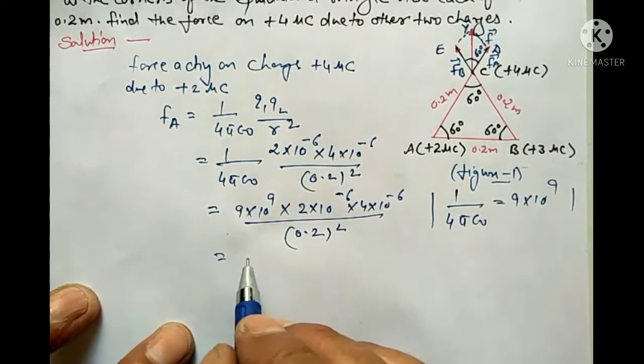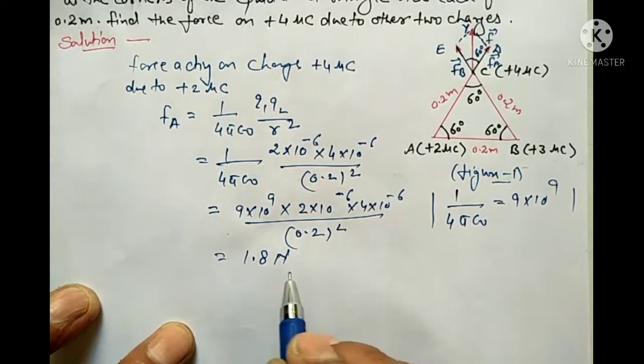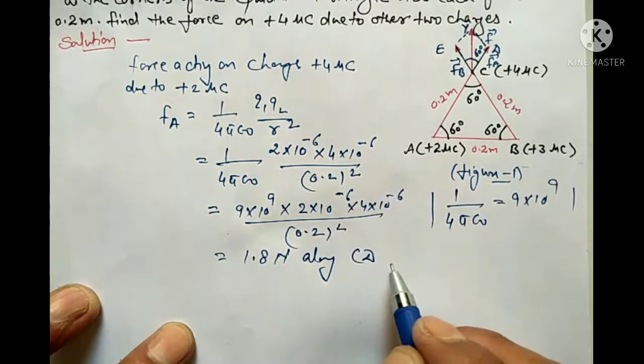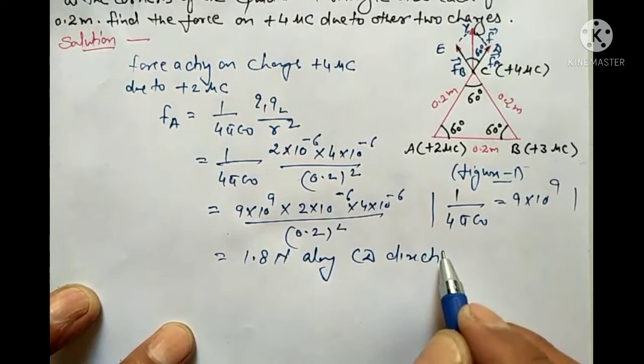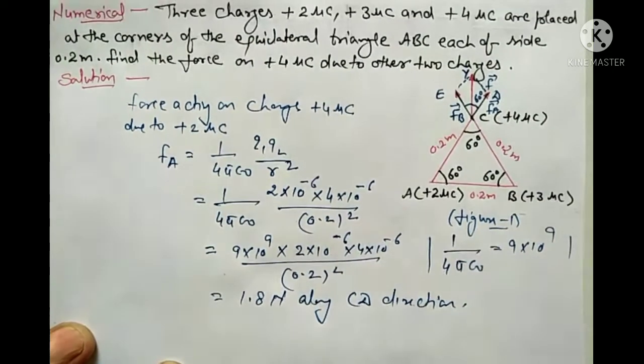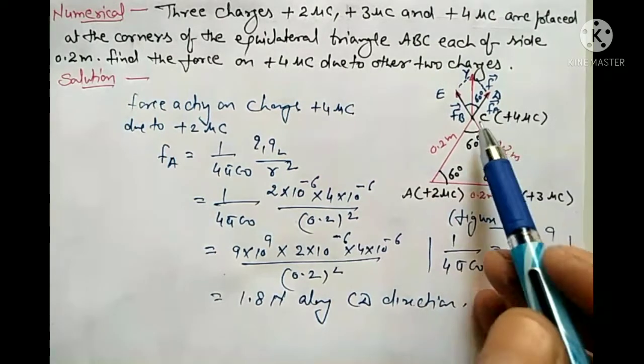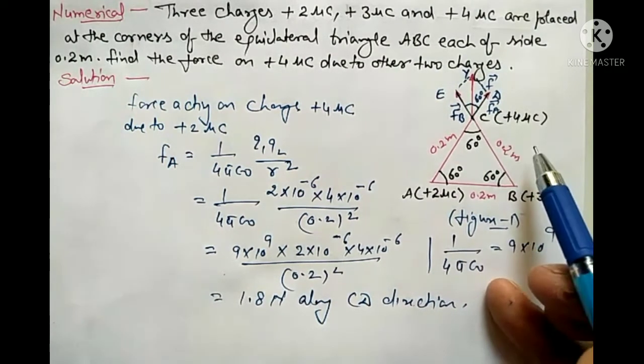When we solve this we get 1.8 Newton force along CD direction. So this is the force exerted by this plus 2 microcoulomb charge on the plus 4 microcoulomb charge.